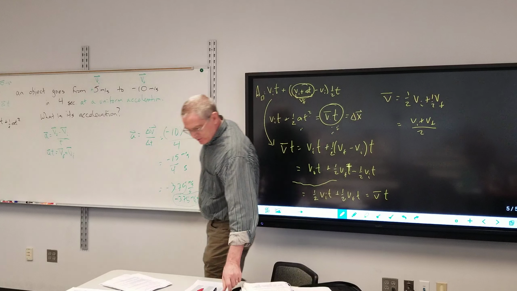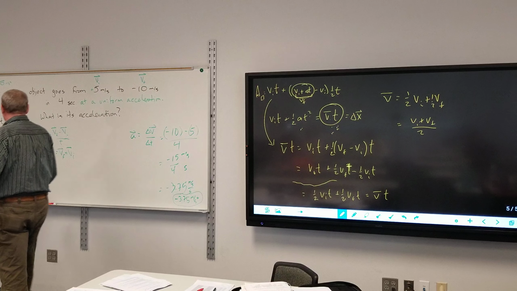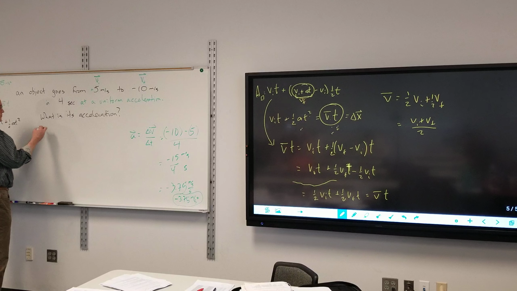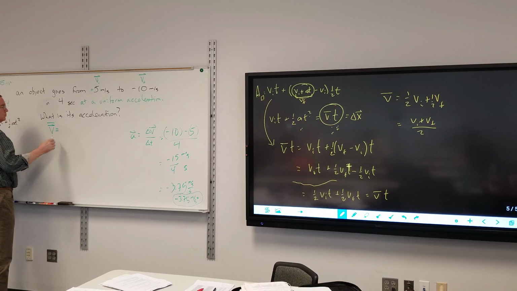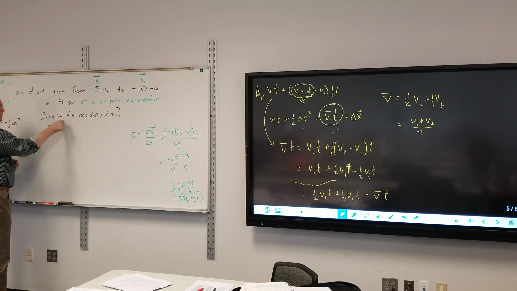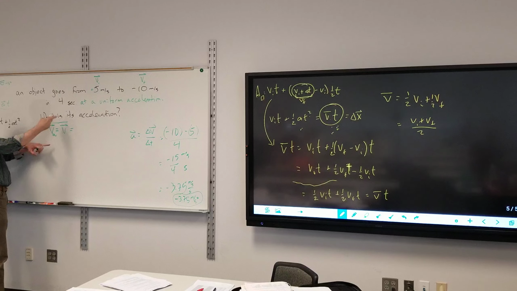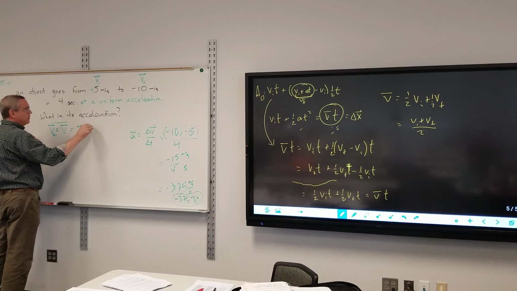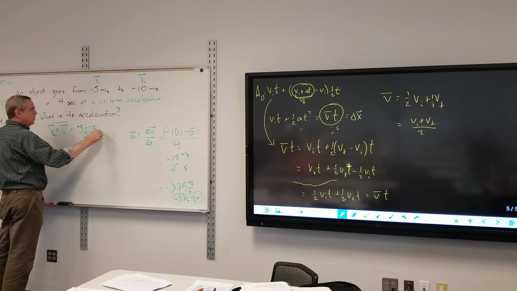So my average velocity, whichever form you like, is equal to 5 plus negative 10 divided by 2.